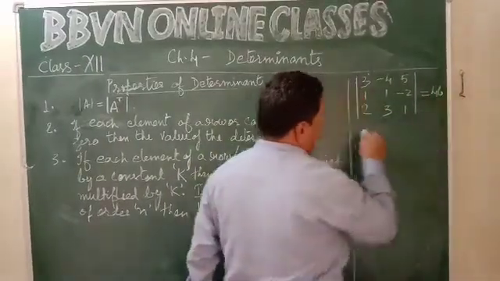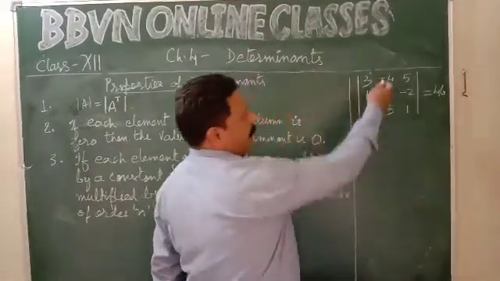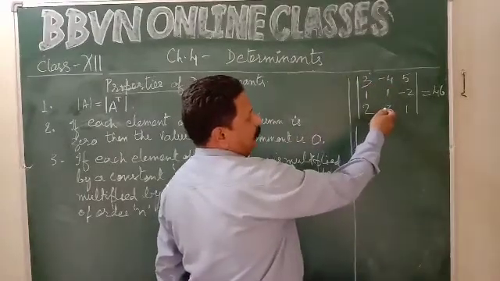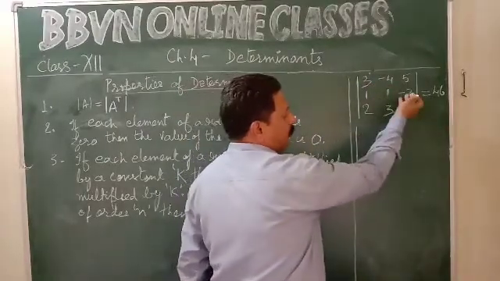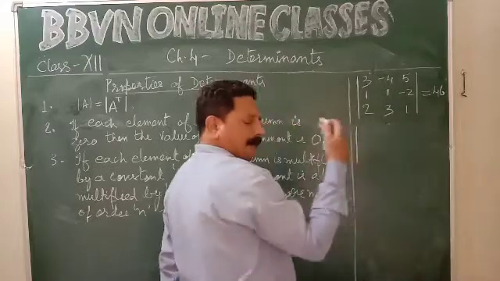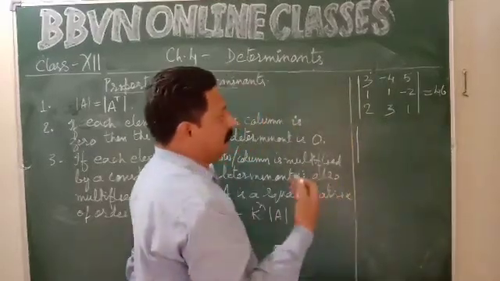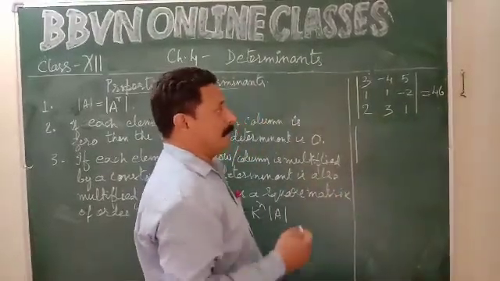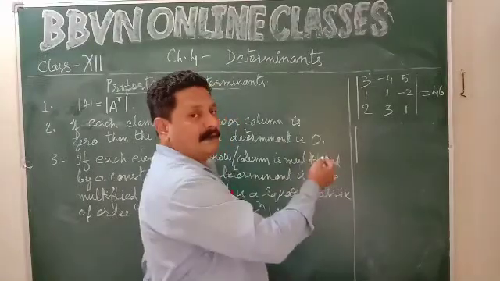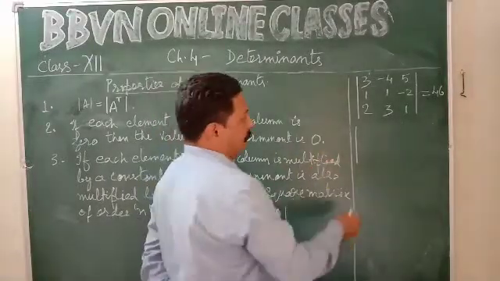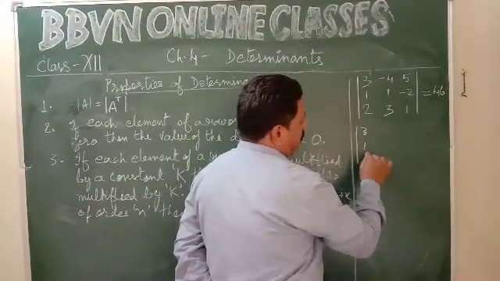Okay. What I do is, say I will multiply any one column or any one row by a constant quantity. Suppose I multiply second column by 2. What happens? 3, 1, 2.